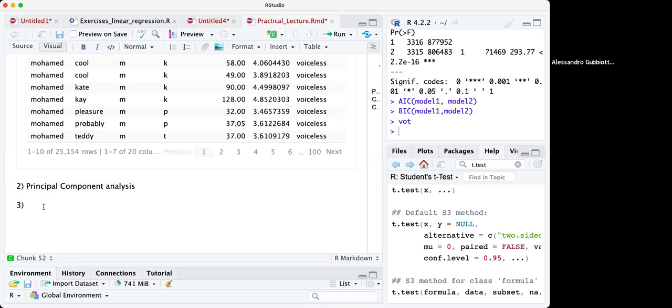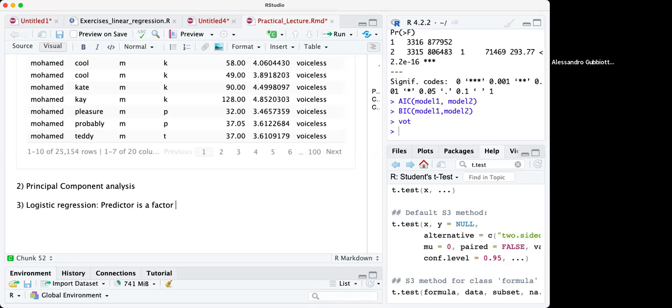And then we didn't do the logistic regression, which is when the predictor is a factor. But this is not really difficult. Once you did the linear regression, it is really only repeating the same stuff.